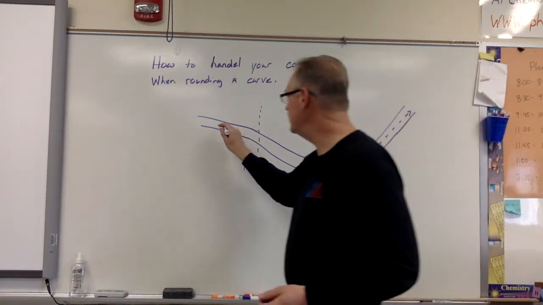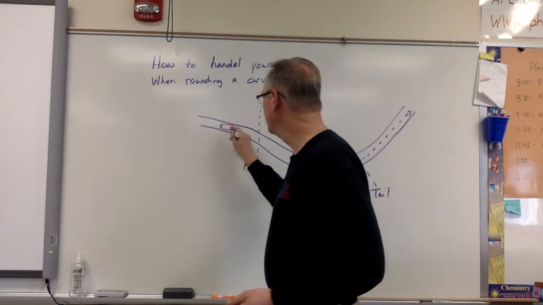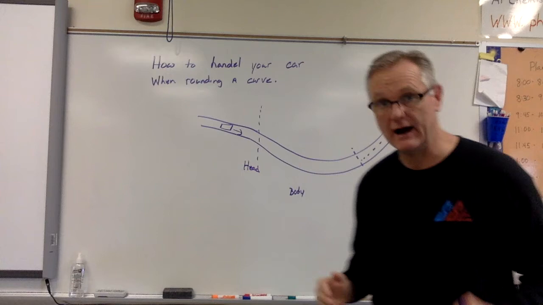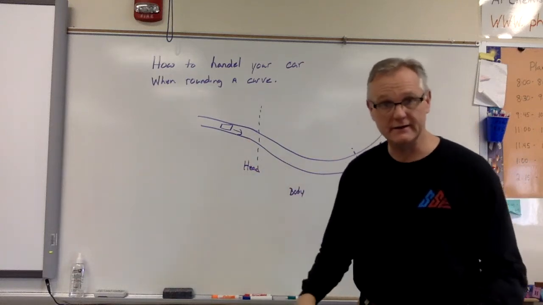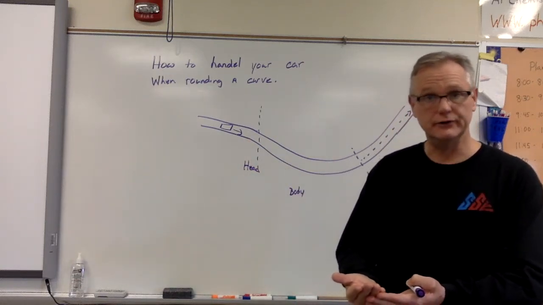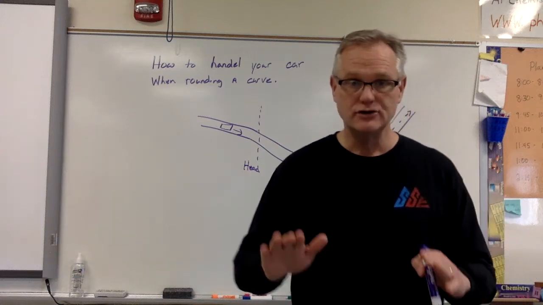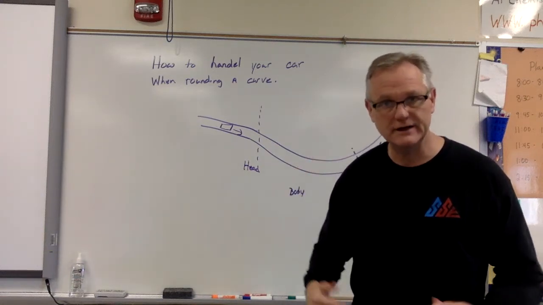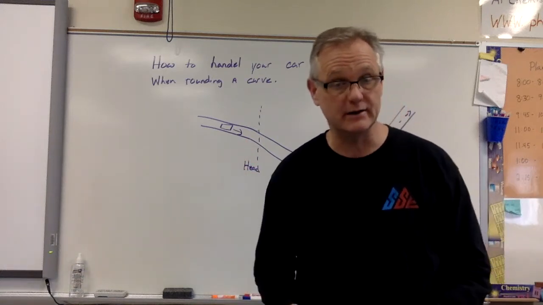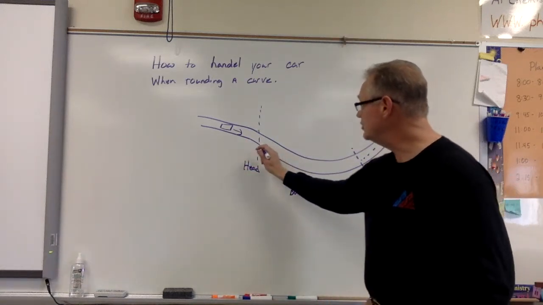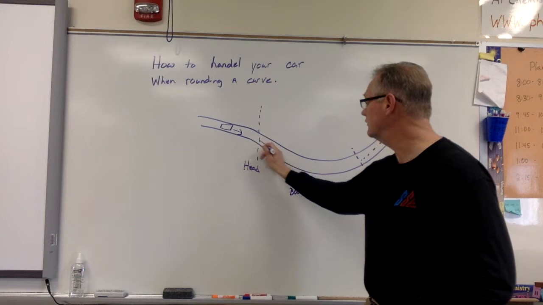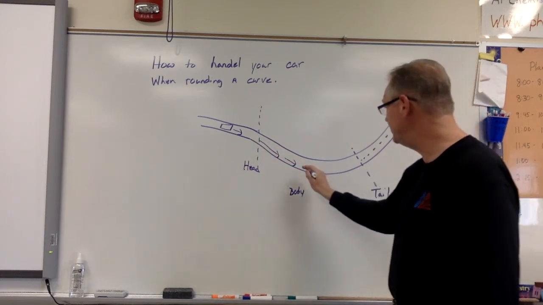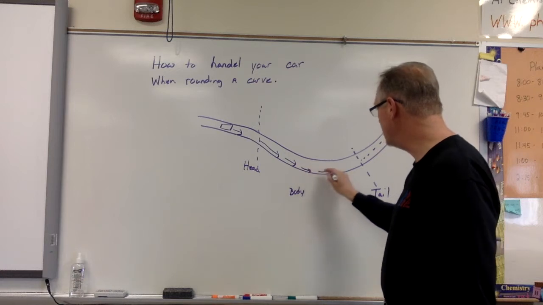If your car is approaching this curve and the posted speed limit is 45 miles per hour, then when you get to the head of the curve, you ease your foot off of the accelerator. Don't just drop it altogether, just ease your foot back off the accelerator so that you're no longer accelerating your vehicle. Then you coast into the curve, and if you're going under the posted speed limit, you should be able to coast through the body.